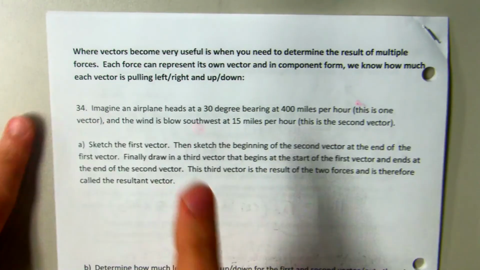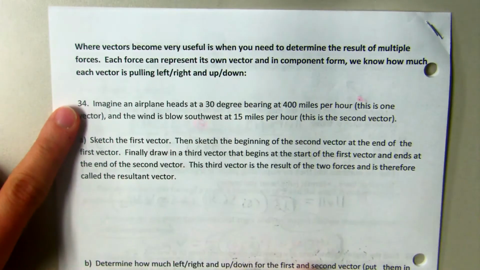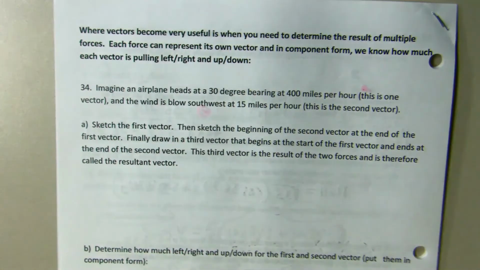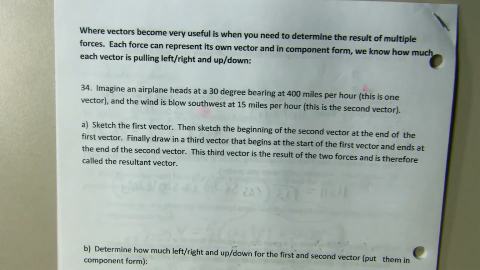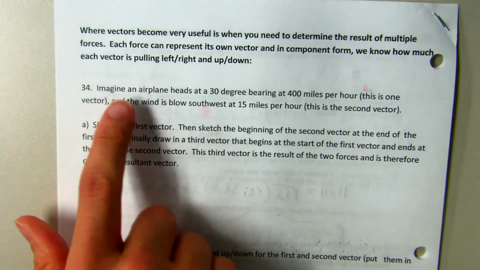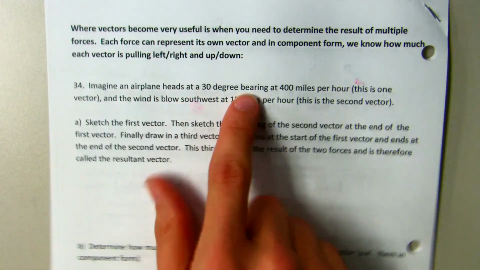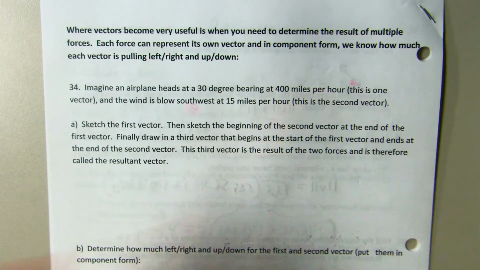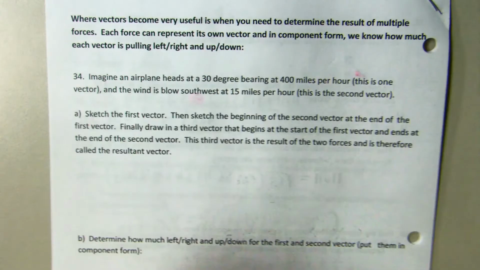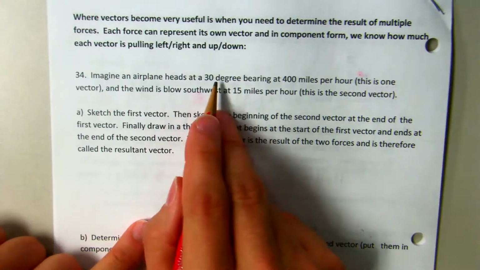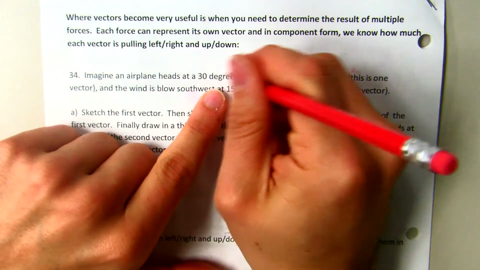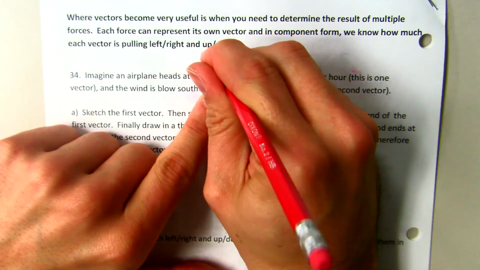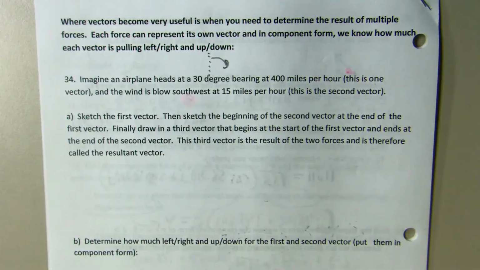So the question we're going to be working on is on this whole page. We don't normally need this much space, but just to space it out, have a bunch of notes. Imagine an airplane heads at a 30-degree bearing, and it is heading at 400 miles per hour. So this is one vector. Remember, if it doesn't give you directions, you should assume from the north line, measure clockwise.